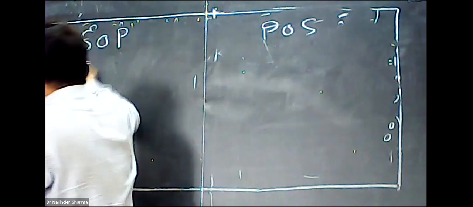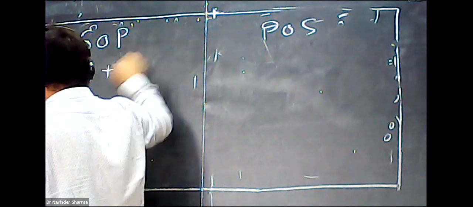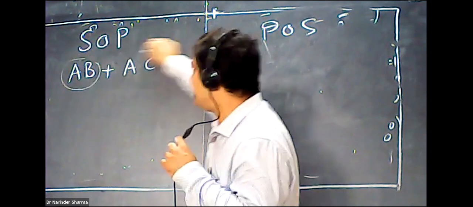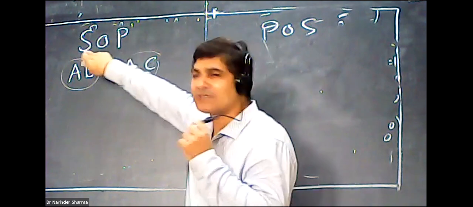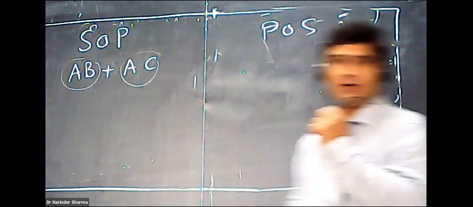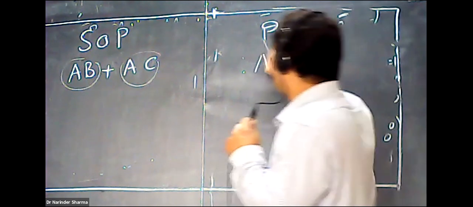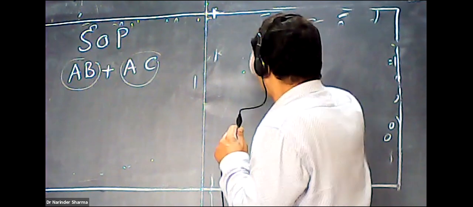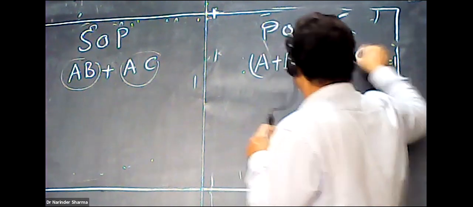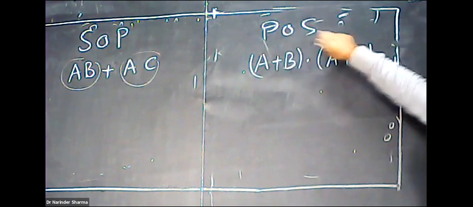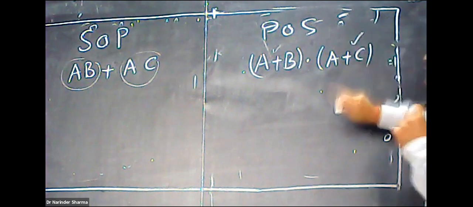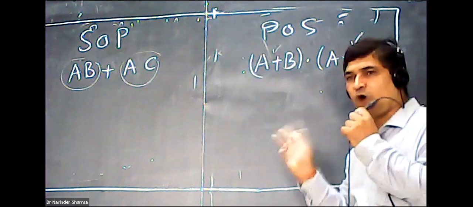If I write AB plus AC, you can see that AB is one product, AC is another product. So that comes under sum of products. We are taking the sum of these products. If I write (A plus B) into (A plus C), this is the sum A plus B, and this is the sum A plus C. So this is said to be product of sums.